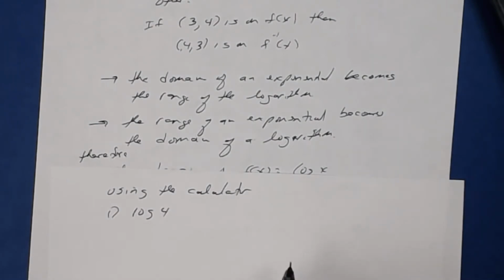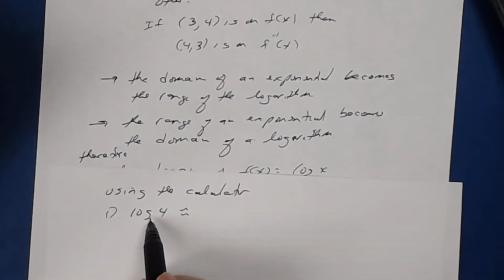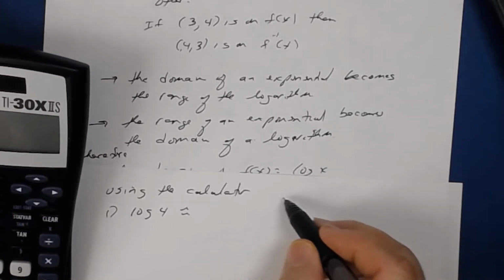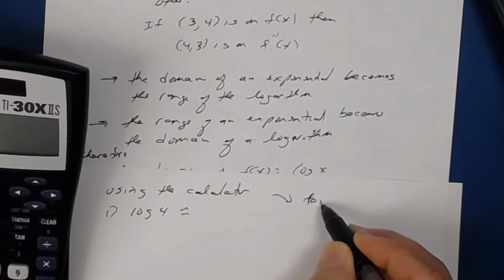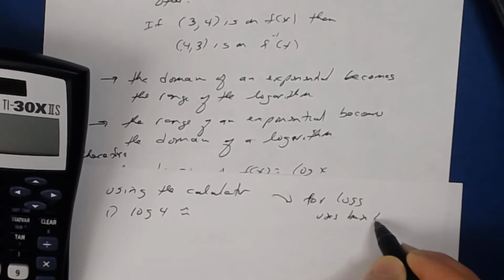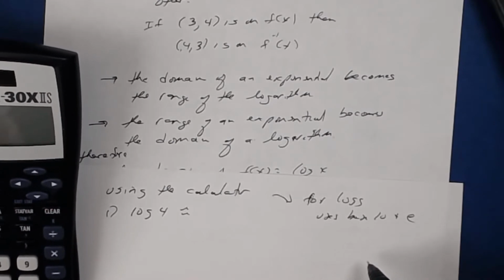Now remember, what's that base understood to be here? It's 10. So this is a common logarithm. When using a calculator, your calculator for logs uses base 10 and e.